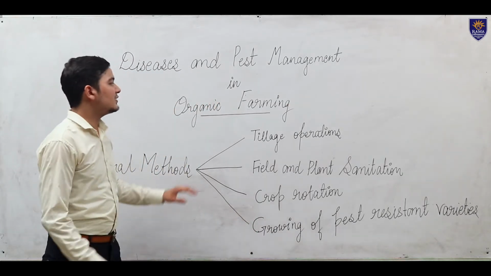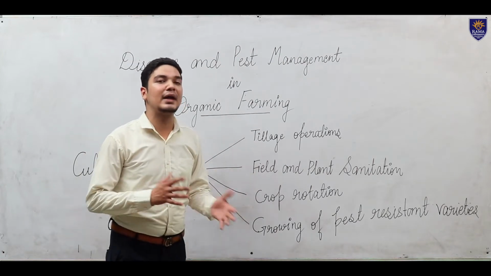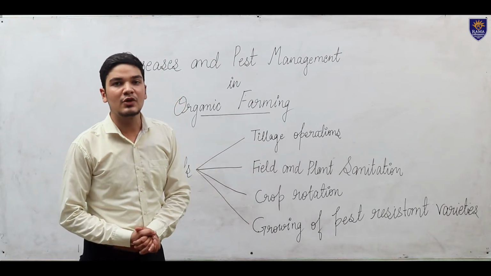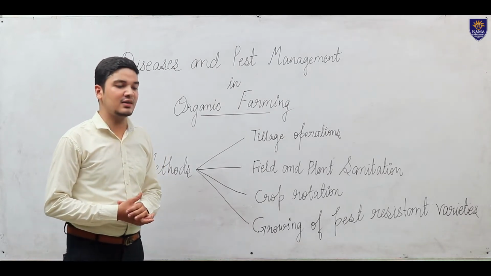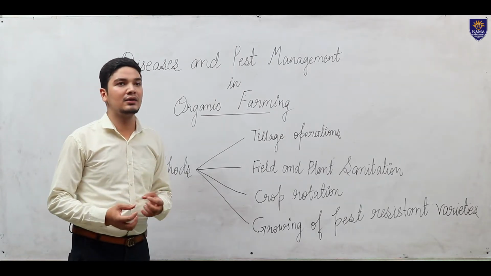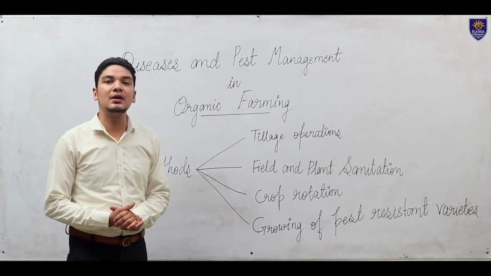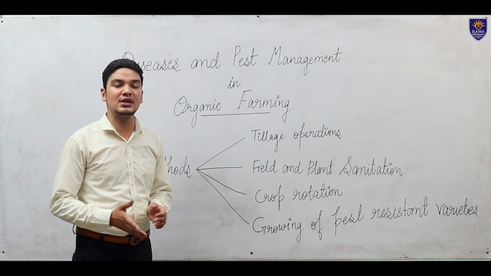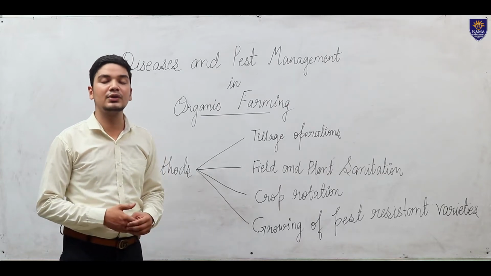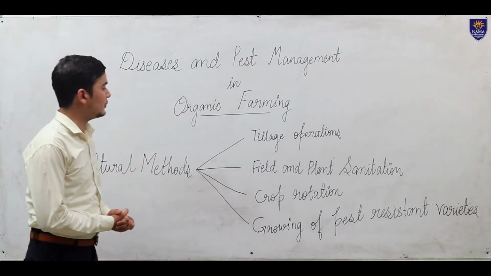Tillage operation is the mechanical manipulation of the soil so that the insect population, weeds and disease spores can be reduced to such a level that they can't harm our plant population.